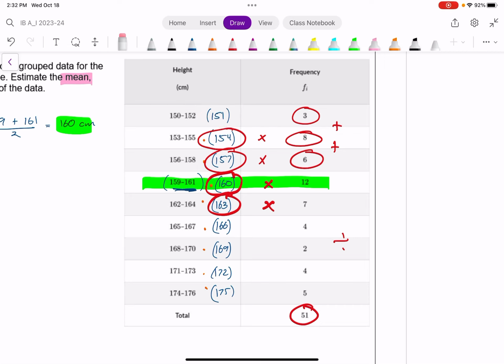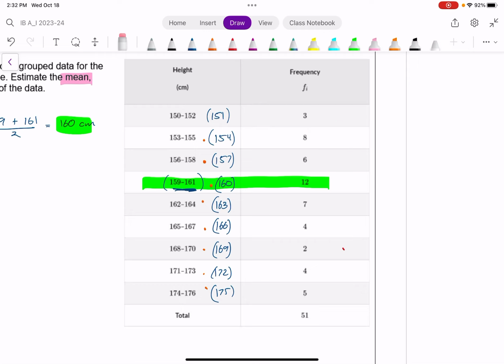Or, which is much, much better, instead of doing all those mundane calculations, let's create a table in our GDC. In our table, we would create a 2-column table in which our first column is all these midpoint values, and the second column is our frequency. And then, depending on your GDC, we can do what we call one variable stats, and we can find these values.